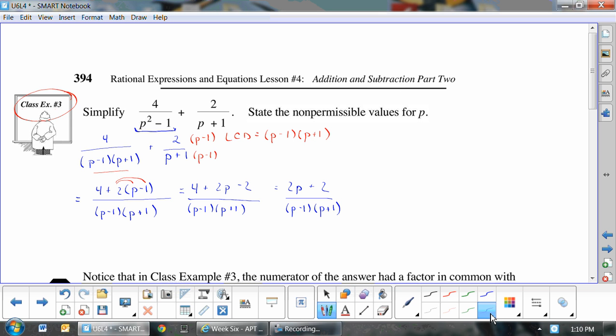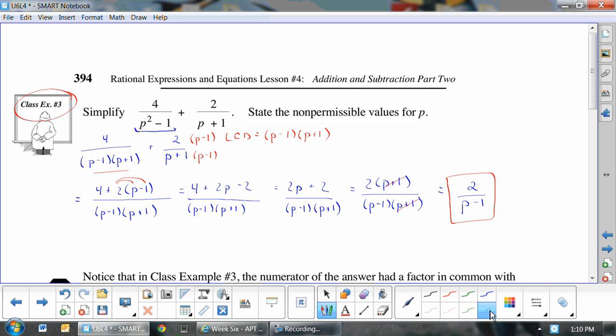Okay. So can someone who notices something about our numerator put up their hand? Is there a GCF? Exactly. So we can pull that factor of 2 out. And then we have a p plus 1 in the top and the bottom, so we can divide it out, and then get 2 over p minus 1.